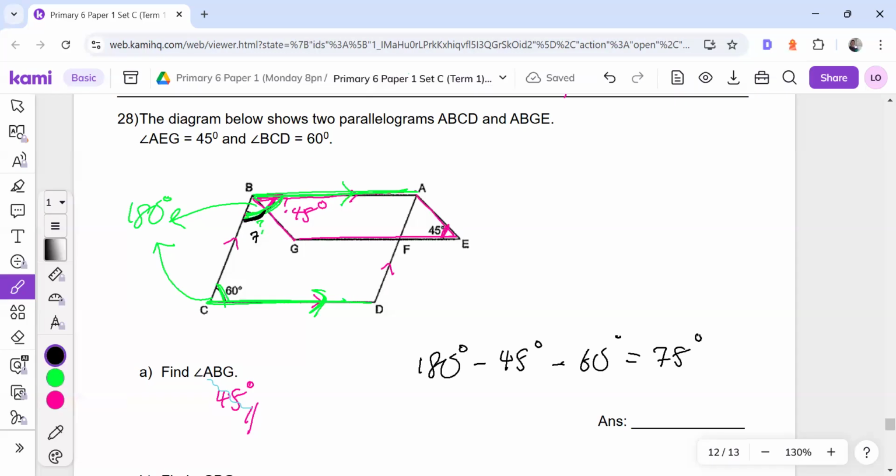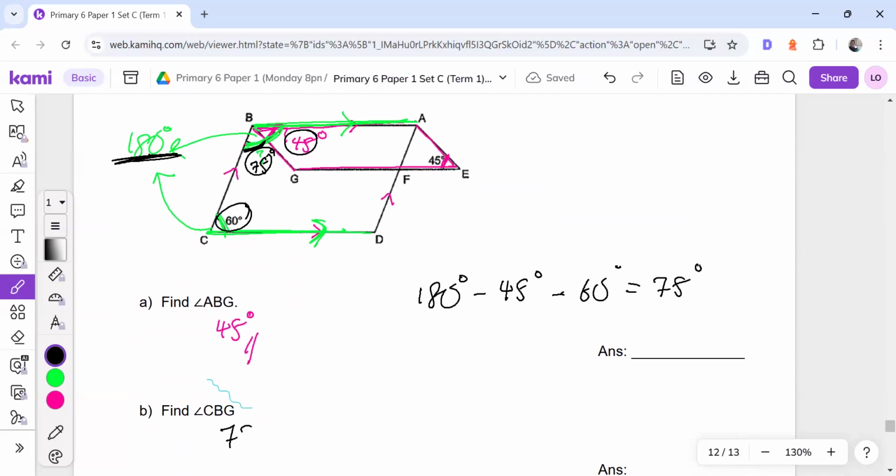So my question mark is 75 degrees. Why? Because the angles between the two parallel lines add together to 180. This is a very important property. If you forget it, you cannot do the hard questions, the 3-mark and 4-mark ones.